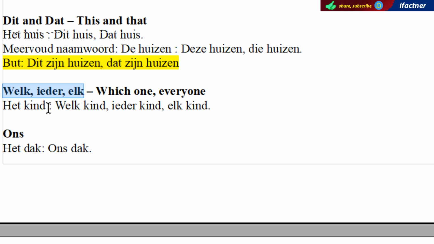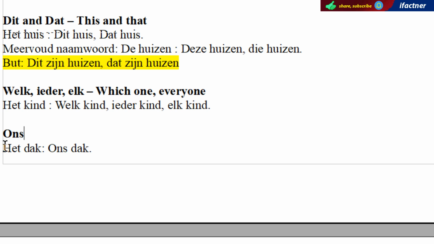For example, het kind, to refer to a kind in a sentence, we use welk kind, ieder kind, every kind, elk kind, every kind. So there is no difference between ieder and elk. And we use ons with het woorden and onze with de woorden.